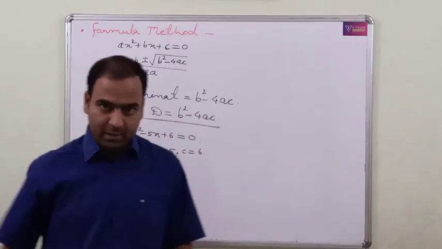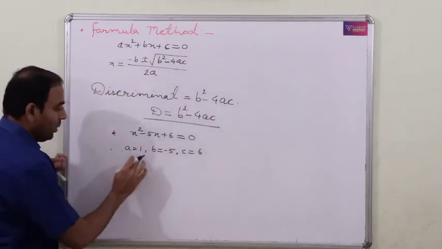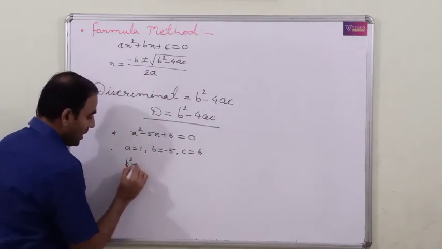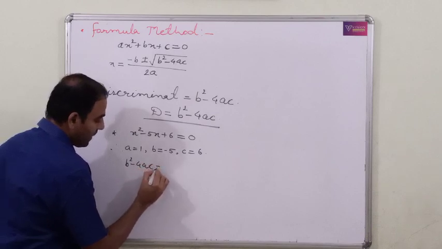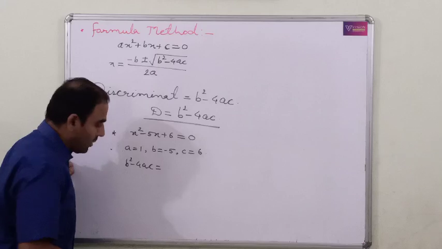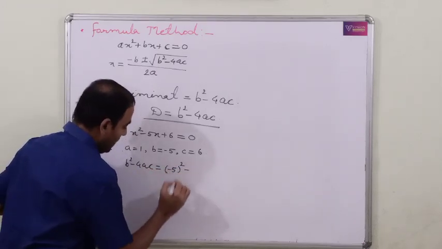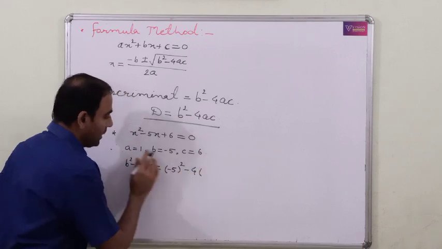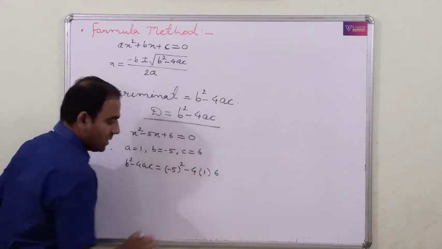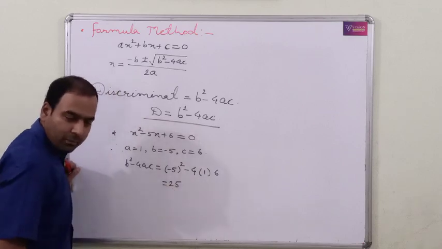इसका हमको वैल्यू फाइंड करना है. So how can we find out the value of discriminant? b square minus 4ac. ये आ गया डिस्क्रिमिनेंट इसका. ओके, सो b स्क्वायर मतलब माइनस 5 स्क्वायर माइनस 4 इंटू a का मतलब 1 इंटू c 6. सो माइनस 5 स्क्वायर इज 25.